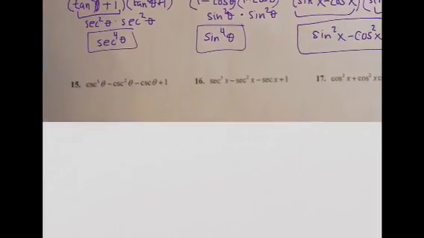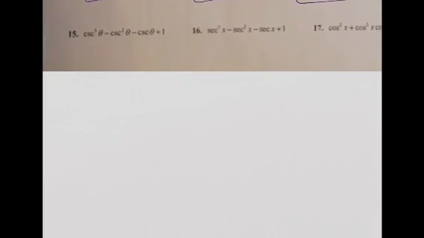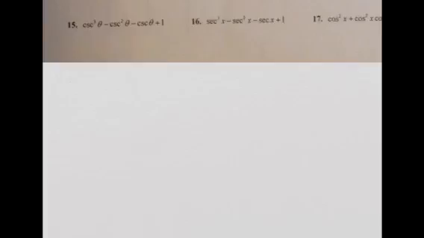All right, number 15. You are going to factor by grouping because it's 4 terms. So this and this. So the first pair has cosecant squared theta in common. So you're left with cosecant theta minus 1.